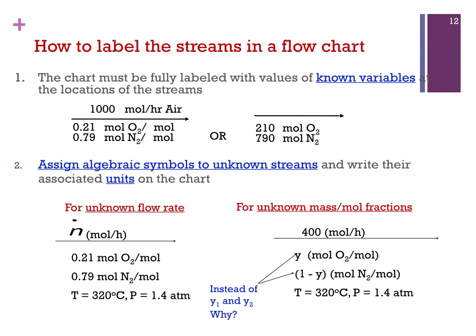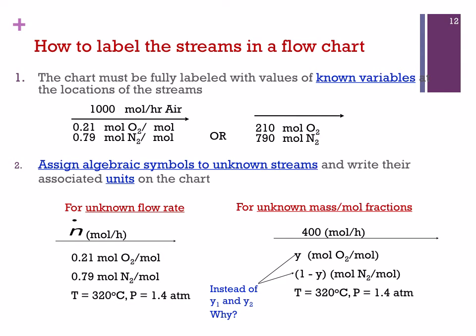If the flow rate is known, but the composition is not known in mass or mole, we have to also assign an algebraic symbol. For mass fraction, we put X. For mole fraction, we use Y. For this example, the flow rate of air is 400 mole per hour.